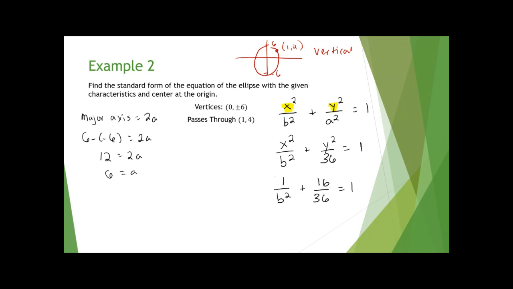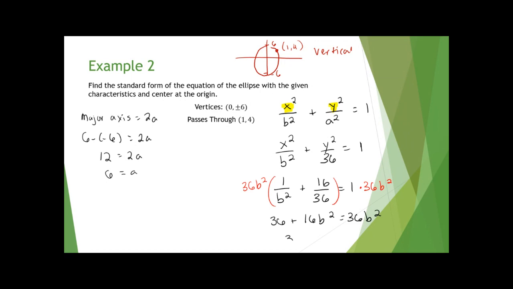We're still going to do the same steps. I'm still going to multiply by 36b squared, but this is going to be very different. So if you're getting something that comes out really nasty, that could be what you have done wrong. So we get 36 plus 16b squared equals 36b squared. Okay, that looks much, much, much better.